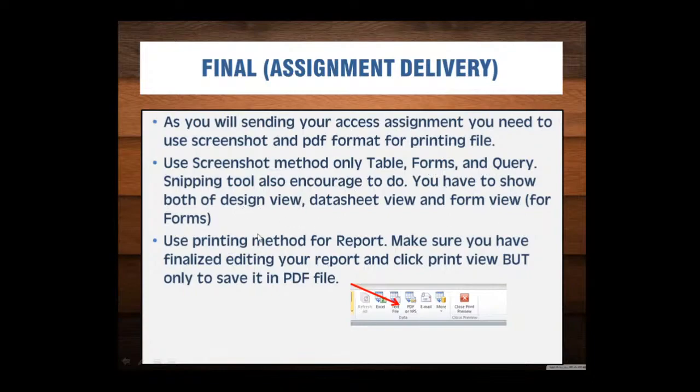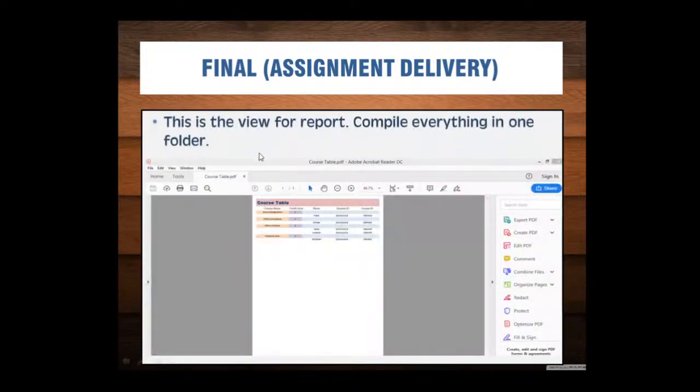You need to show both design view and datasheet view, and for the forms, form view. Use the printing method for only report elements. Make sure you have finalized editing your report and click print, but only to save it in a PDF file. Compile everything in one folder.